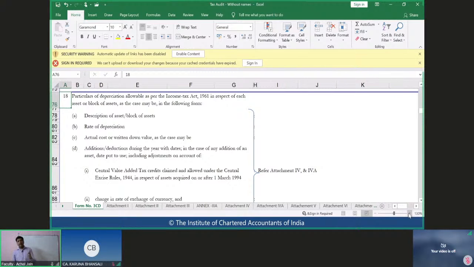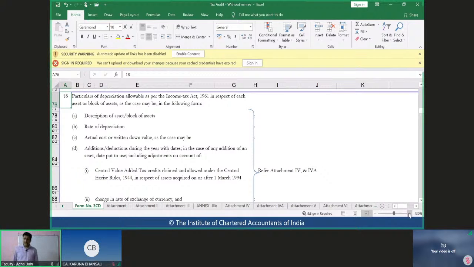First of all, description of the assets, block of the assets. Description will cover block of the assets because that's the concept that we have under the Income Tax Act, unlike what we see in case of the Companies Act. The rate of depreciation, actual cost or written down value as the case may be, additions, deductions during the year with dates.